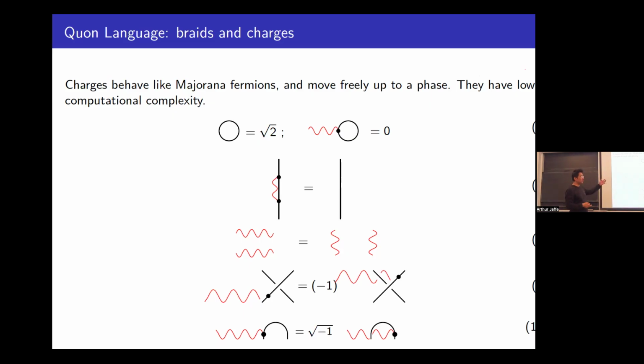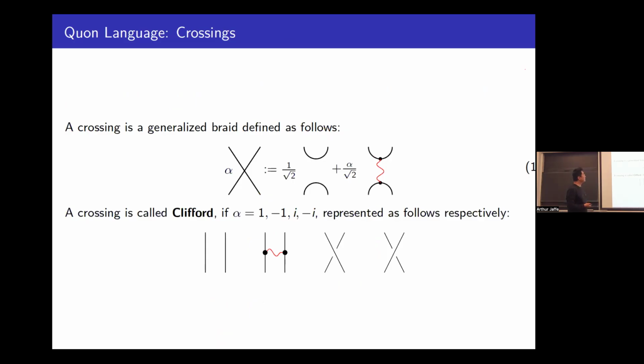So we can derive all the relations from the previous setup, one by one. But somehow we knew those relations in advance. Now we just give a new setup from the very beginning. And also, in general, to understand the phase gate for an arbitrary angle, we write this crossing of arbitrary angle as this linear sum.